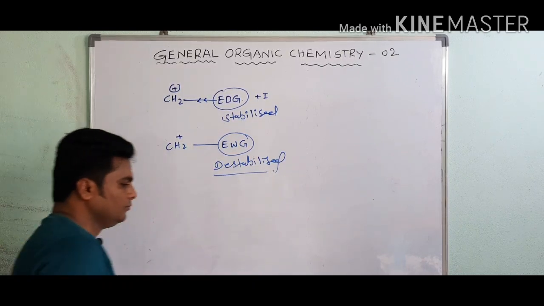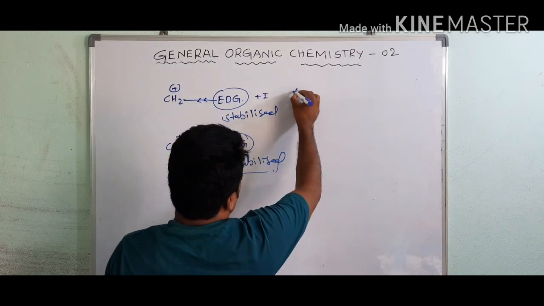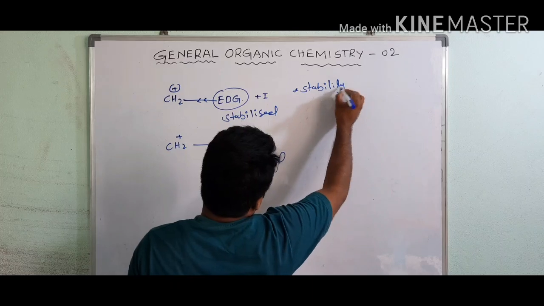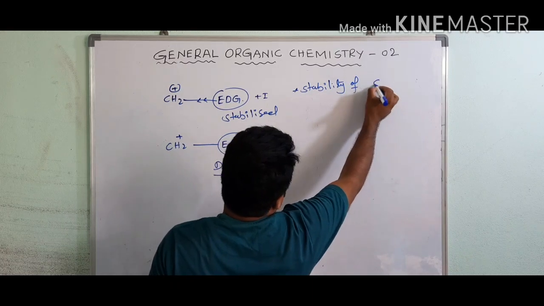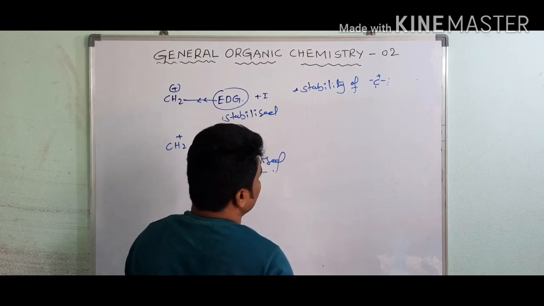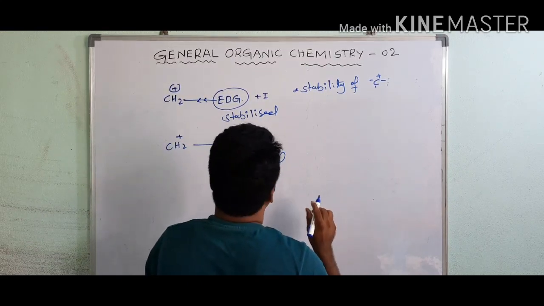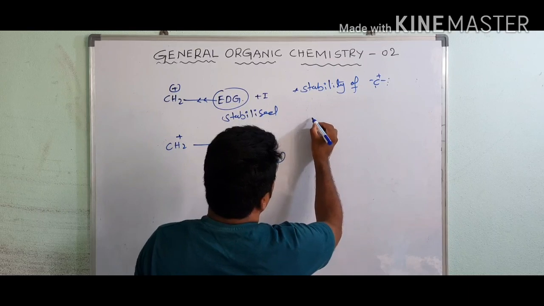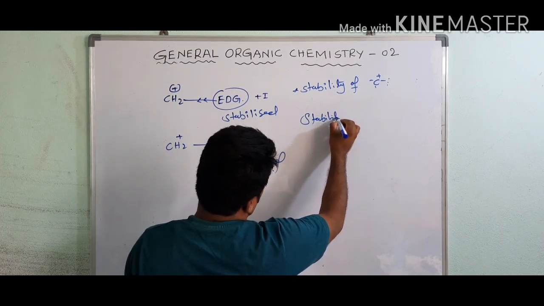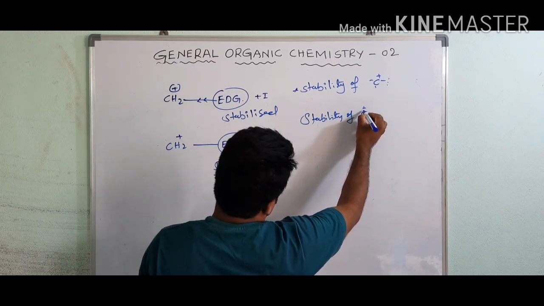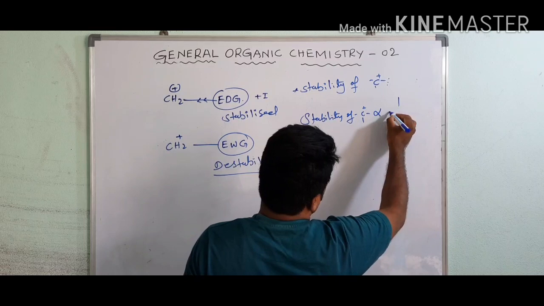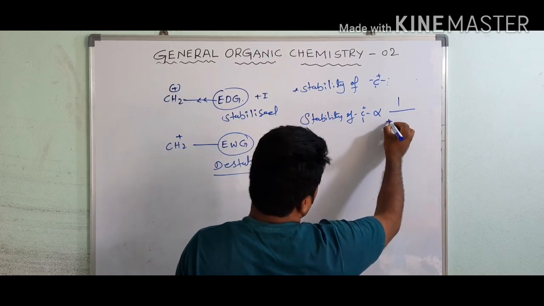Now let me explain the stability of carbocation. Very simple. The stability of carbocation is inversely proportional to the magnitude of positive charge.